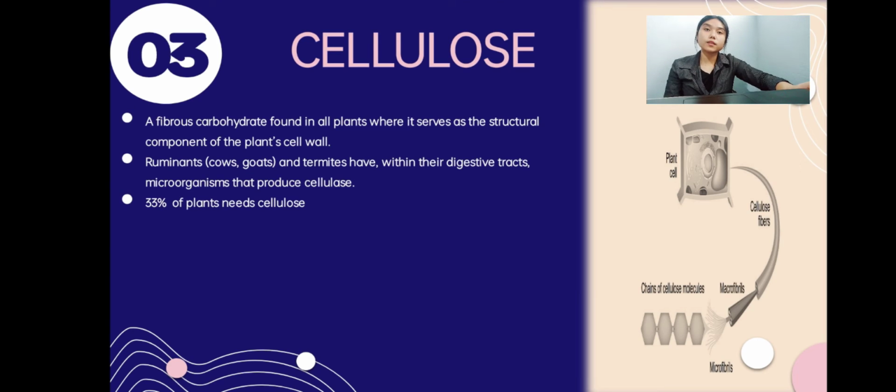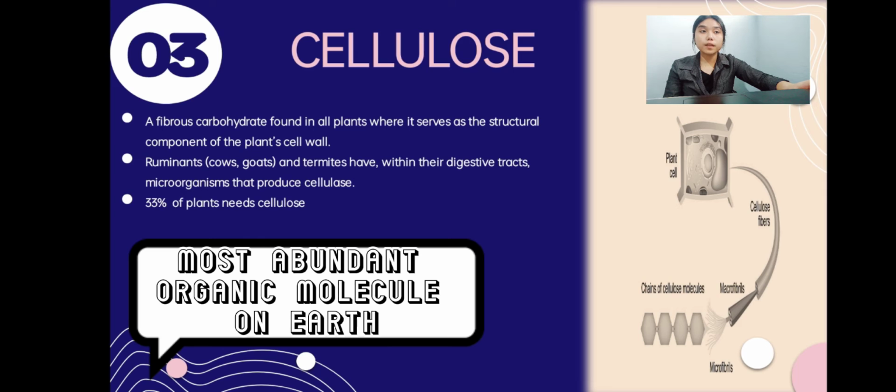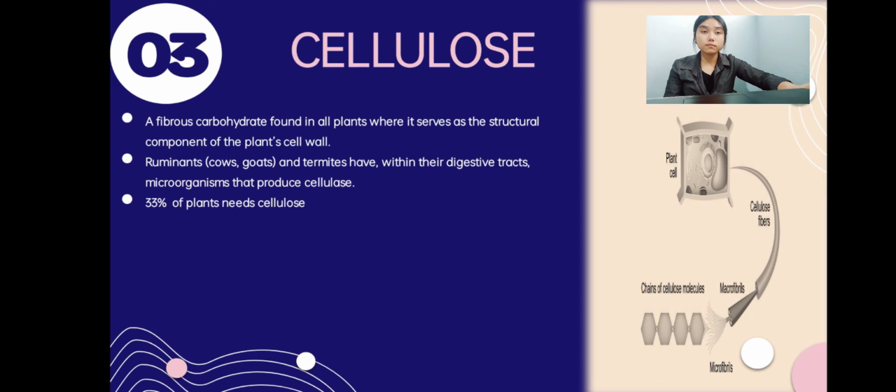Cellulose is a fibrous carbohydrate found in all plants, where it serves as a structural component of the plant cell wall. Cellulose is an example of a structural polysaccharide, and it is used in the cell walls of plants and other organisms. It is said to be the most abundant organic molecule on Earth.